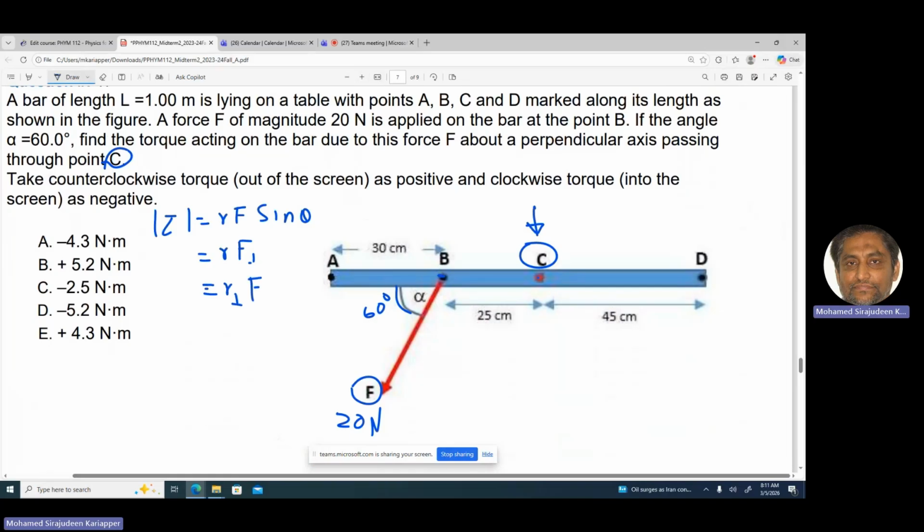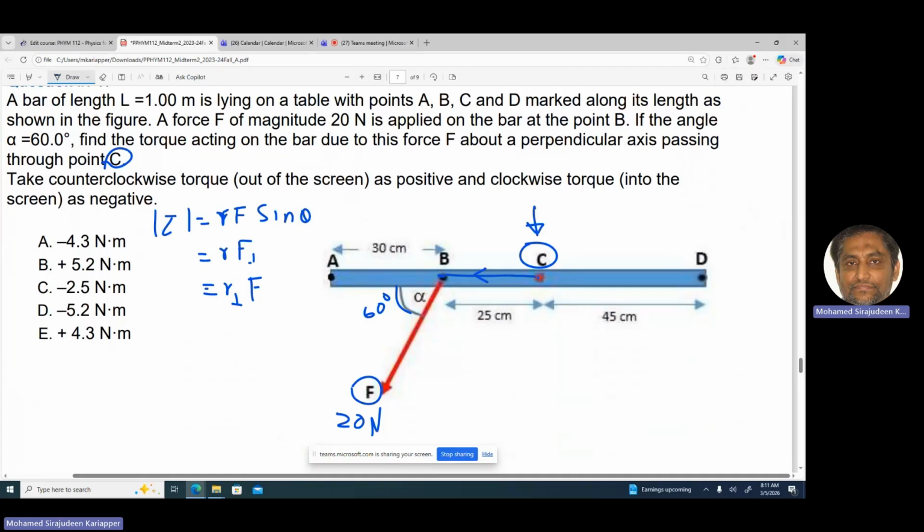You see this in your slides of presentation, right? So RF sine theta, you know what R mean? R is the distance from where you want to take the torque, that means point C, where the force is applied, that is point B. You want the torque at the point C, and by the force F.